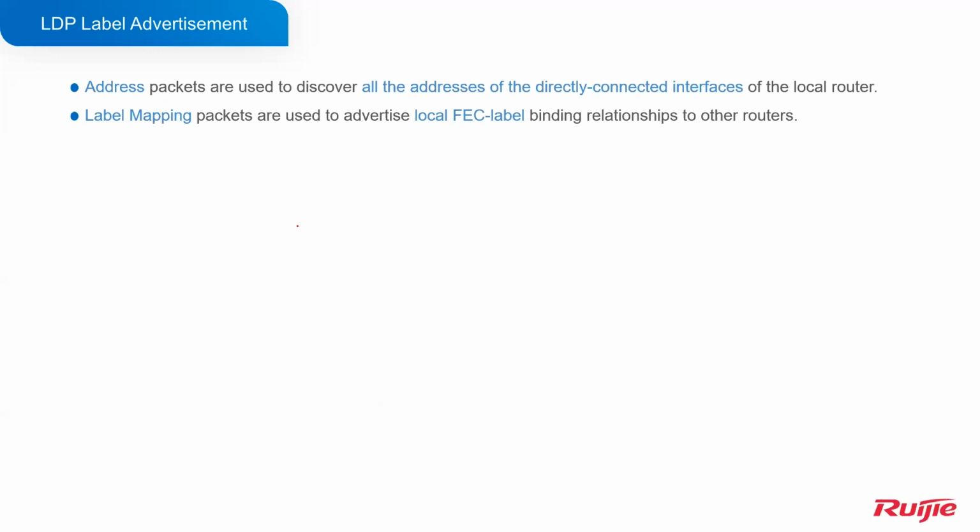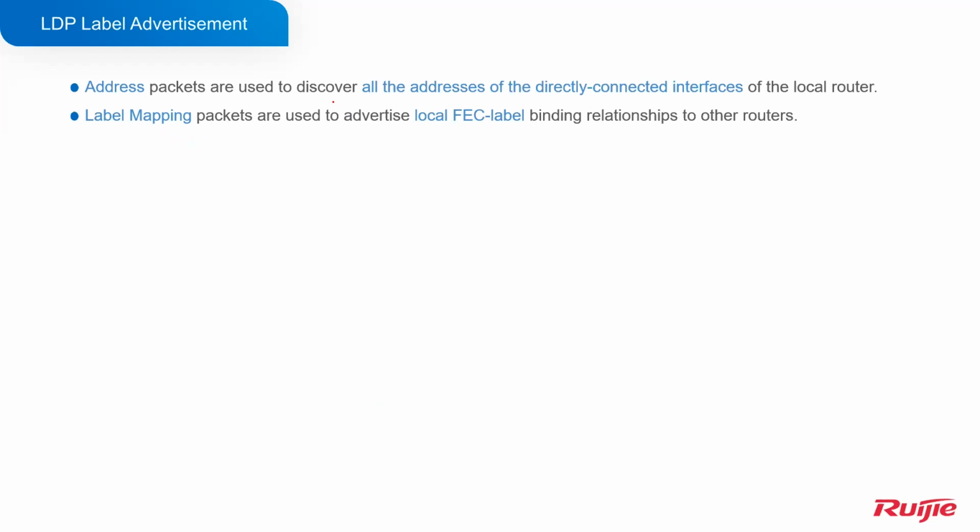And then about the label advertisement, the address message is used to discover all the addresses of the directly connected interfaces of the local router. And the important one is the label mapping message. We will advertise the local FEC and label binding relationship to all the routers.